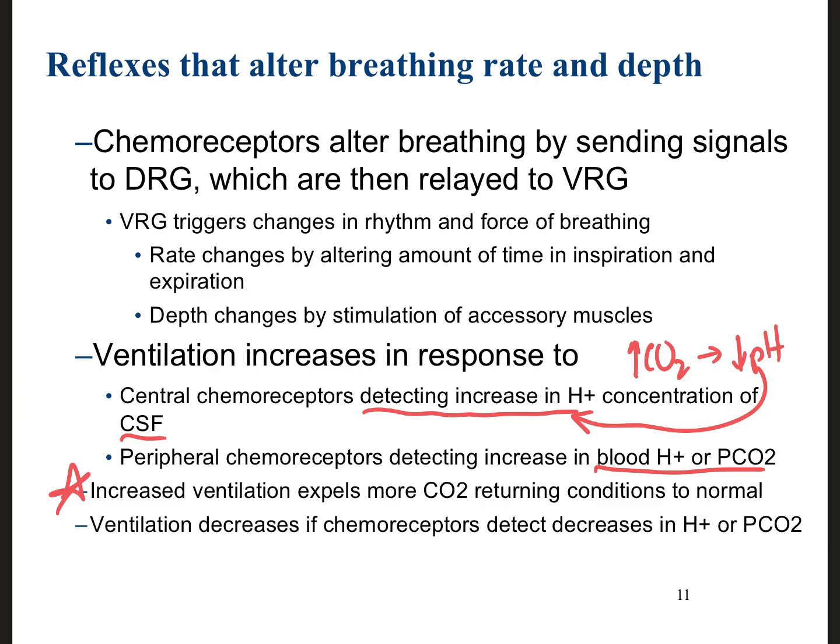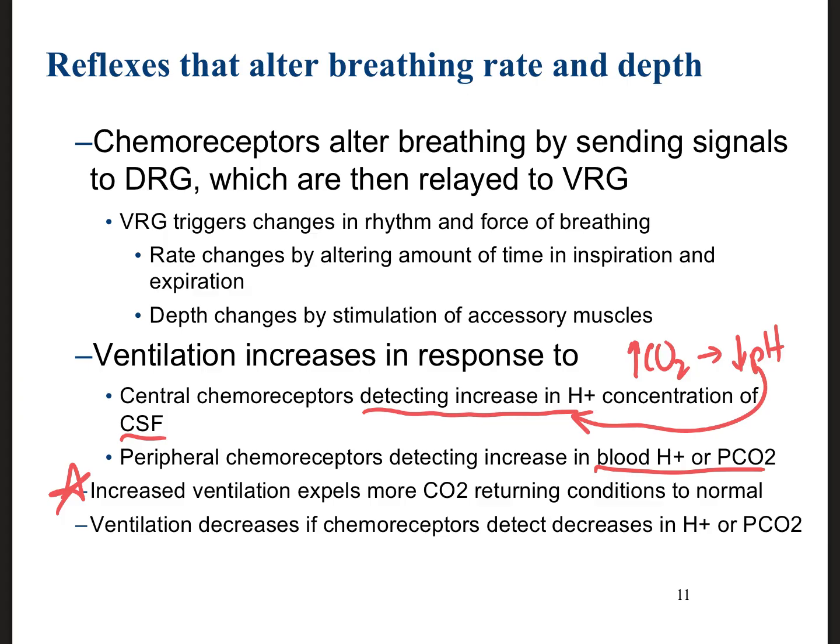If the conditions were reversed, if we had decreases in hydrogen ions or decreases in carbon dioxide, ventilation slows down. Think about what happens. If I have not enough CO2 in the blood, well, I can slow down. I don't need to move air in and out very much.